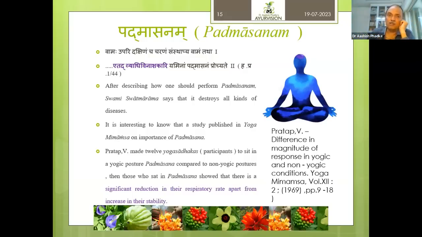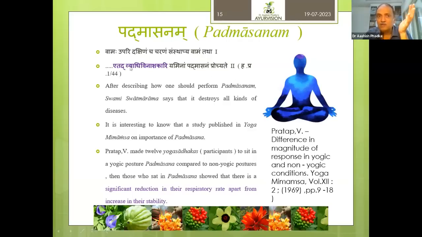In all this you see Vama Upari Dakshanam Cha Charanam Sanstapya Vama Tatha, and there is a lot of discussion and description, and then finally, while discussing benefits, they have said Etad Vyadhi Vinashakari Yaminam Padmasanam Prochate.